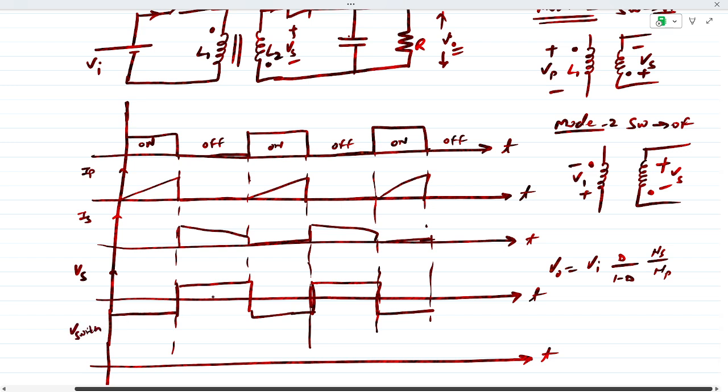And if we plot the voltage across the switch, then when the switch is on, there is no voltage definitely, since it is a short circuit. And when the switch is off, here you have to see, before this moment the current has this maximum value, and after this moment the current has this minimum value, meaning within 0 seconds the current is changing its state from maximum to minimum.